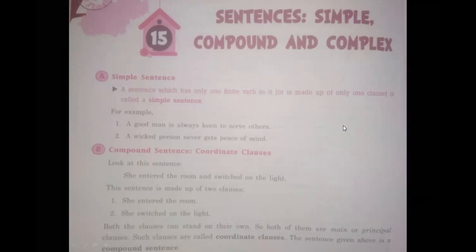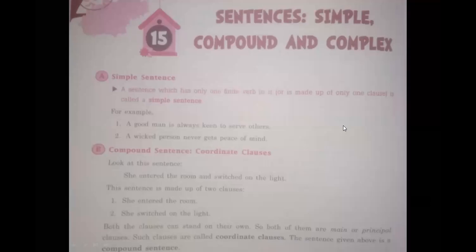Just take a reading of these things, students, and see what we get here. This is a coordinate clause, where both the clauses can stand on their own, so both of them are main or principal clauses, right? It means both the clauses can give their own meanings and definitions properly.